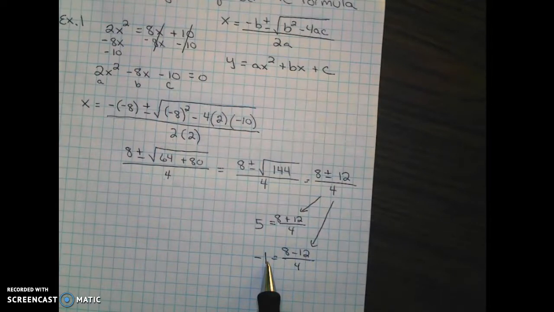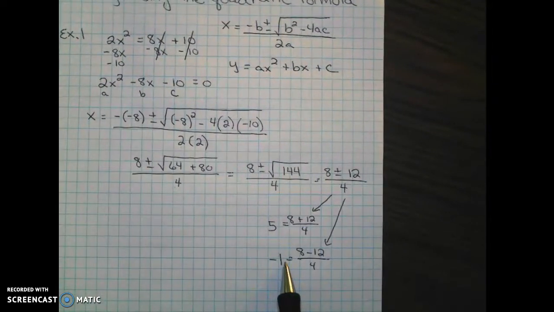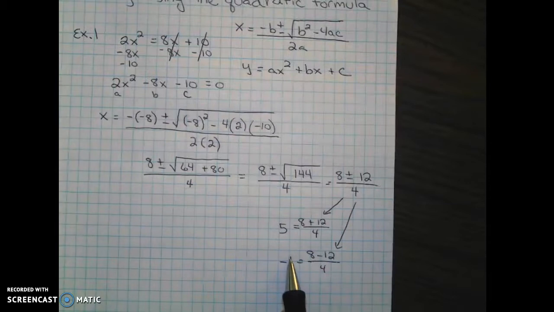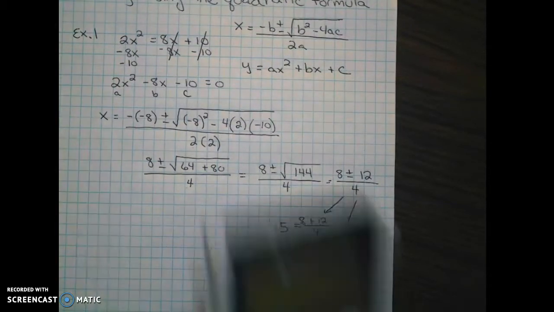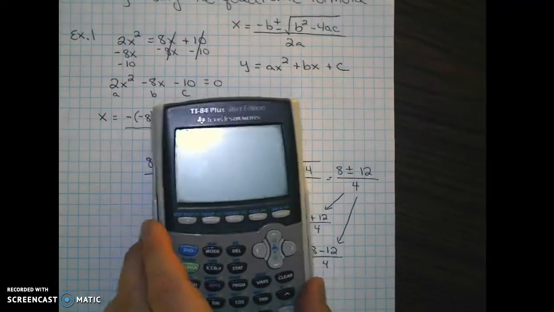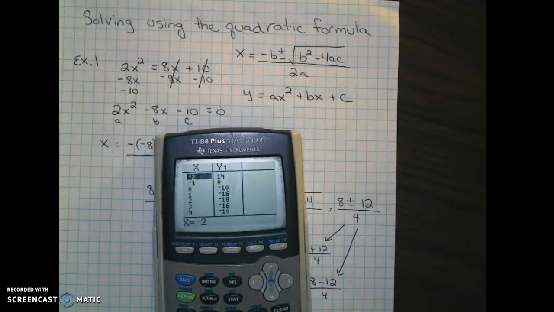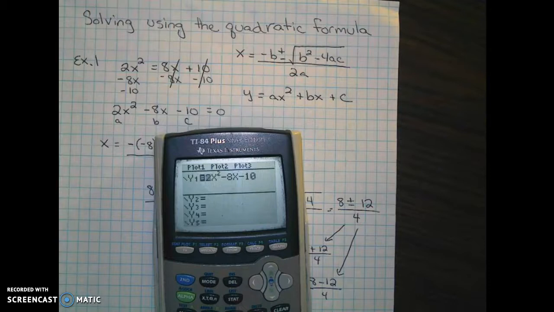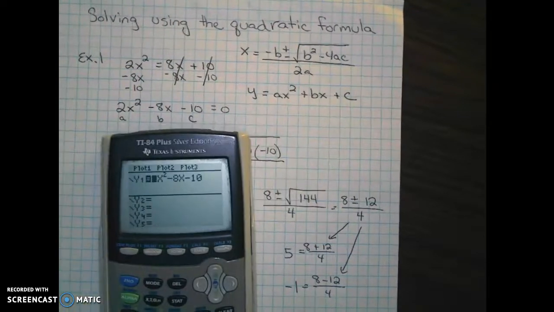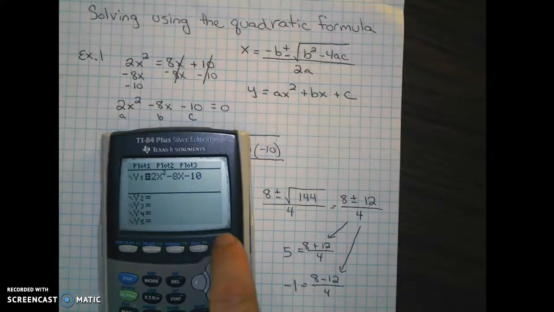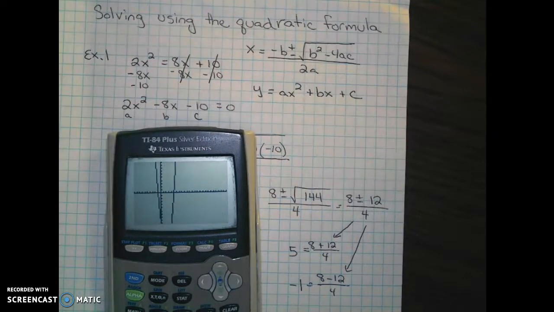solutions. Now, so that you can see these solutions, if I plug the equation into my calculator, and yes, I'm using the old school calculator because old school rocks. So there is our equation in standard form. Our solutions are 5 and -1. We can see that by looking at our graph.